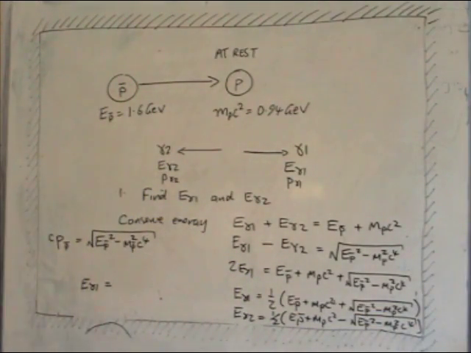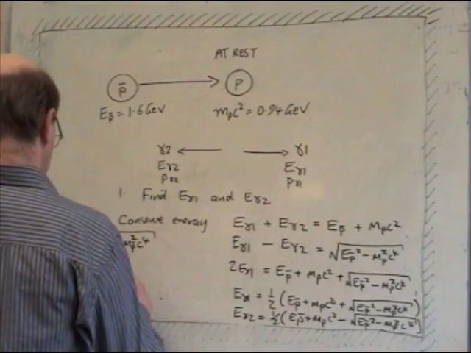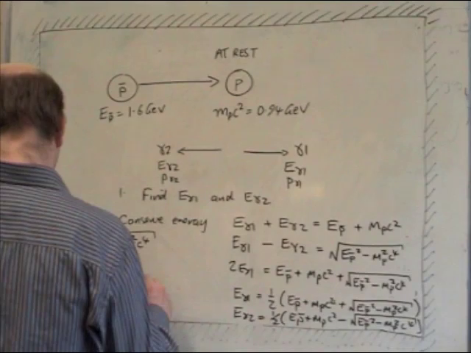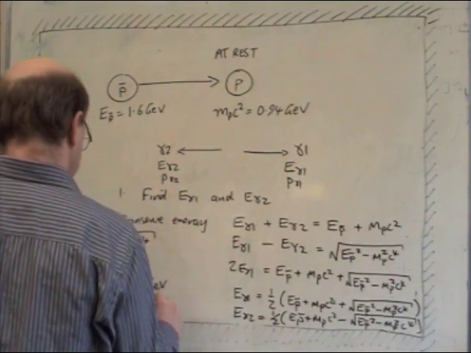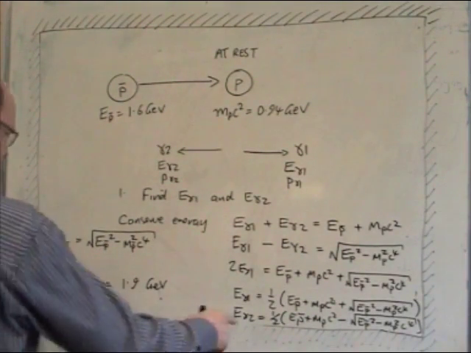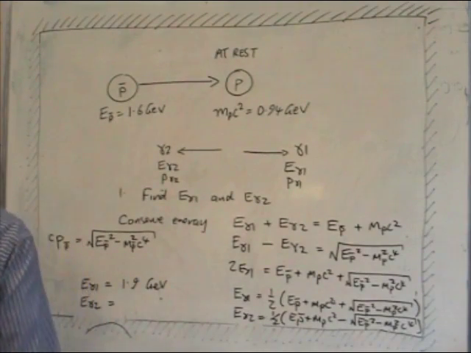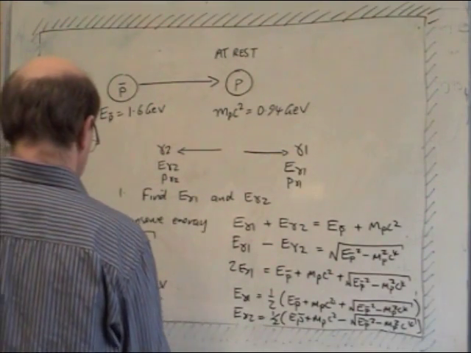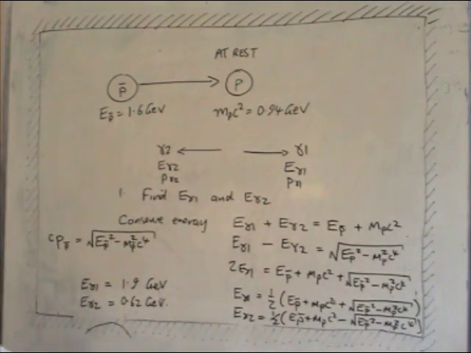And if you're careful, you get the answer, which is E gamma 1 is 1.9 GeV. Then similarly for E gamma 2, the only difference is that minus sign, and so you get 0.62 GeV. And so that's the answer to the first bit.